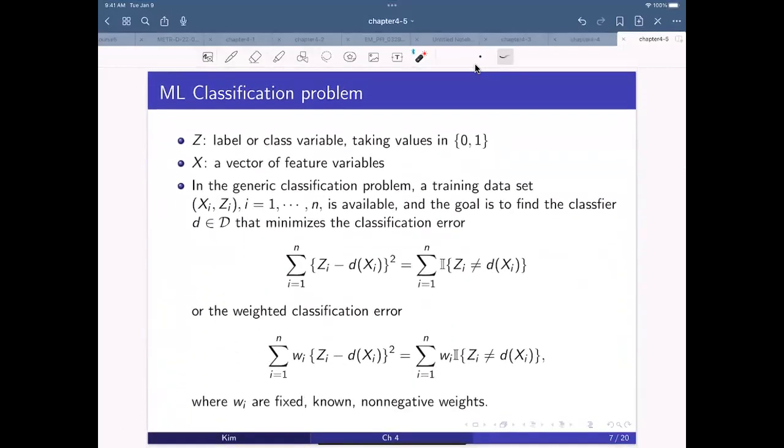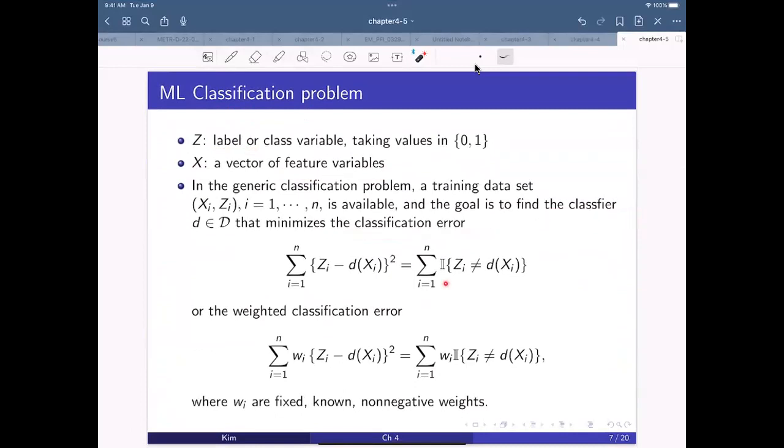Classification is especially popular in the machine learning area. Z is the label, and X is sometimes called the feature, right? The idea is to find the classifier that minimizes the classification error.